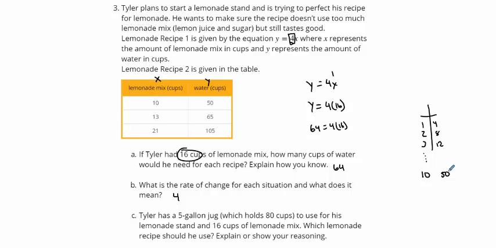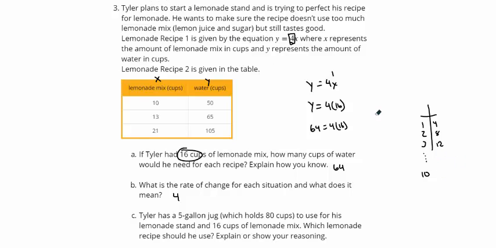Is that right? Oh, that's recipe 2. No, that's for recipe 2. Because in recipe 1, if I went up to 10 cups, I'm going to multiply this times 10, this times 10. I did it again.